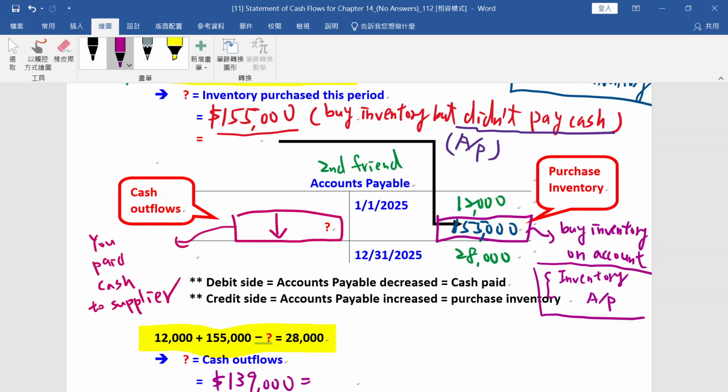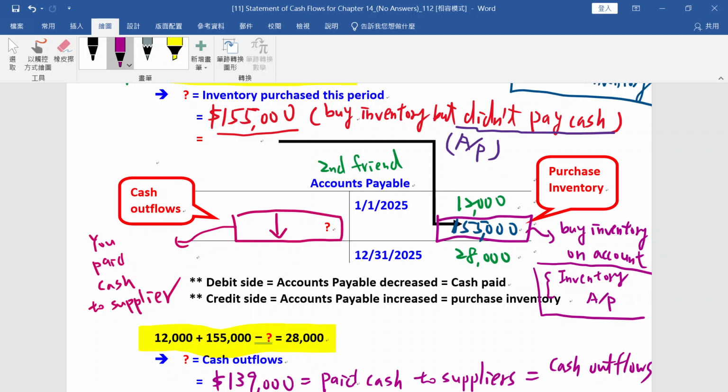So means what? The cash paid to suppliers. So this is what we want, right? Cash paid. So this is our cash outflows. Okay? Any questions? So did you find out we use the same logic for every items?